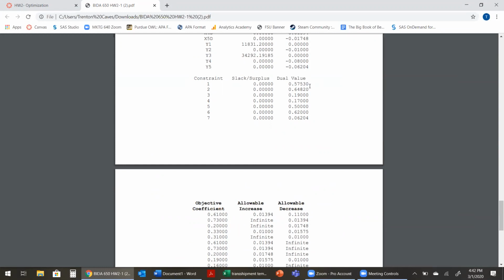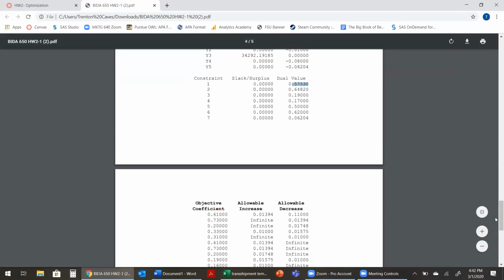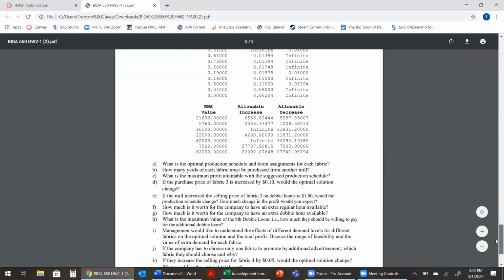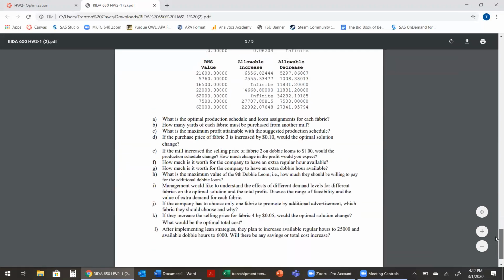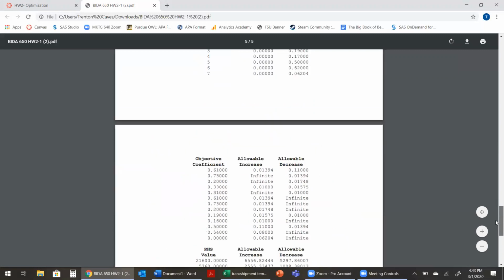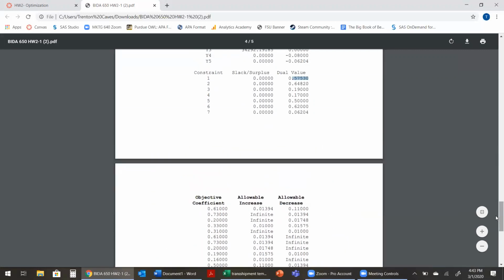We're increasing regular by 3,400 at a dual value of 0.575, and increasing Dobie by 240 with a dual value of 0.648.